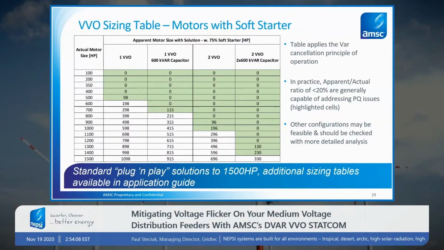With that reduced voltage soft starter, the DVAR VVO, which does reduce the inrush by a little bit, allows for higher power motors to be addressed by the same configuration of DVAR VVOs. And with 2 DVAR VVOs and 2 fixed capacitors, it allows us to get up to about the 1500 horsepower range and really fully address those power quality issues.